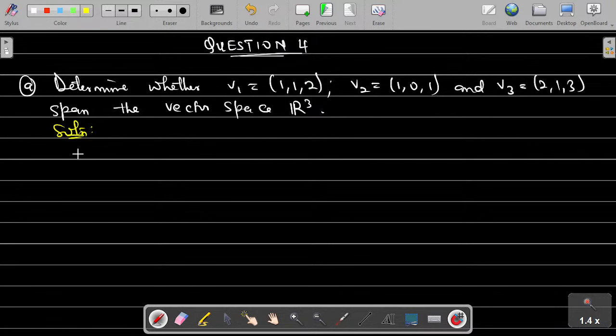We want to let K1, K2 and K3 be in R3. So we are choosing an arbitrary vector in R3.